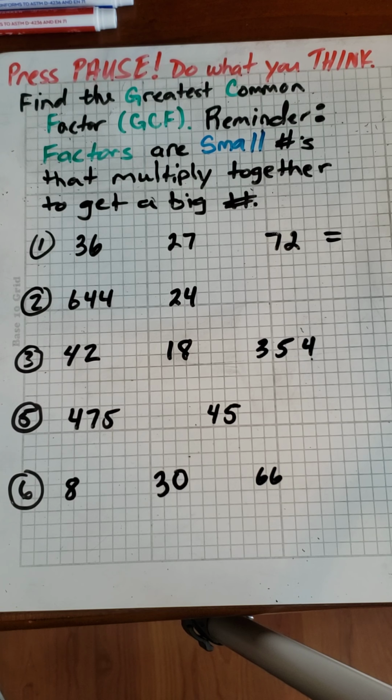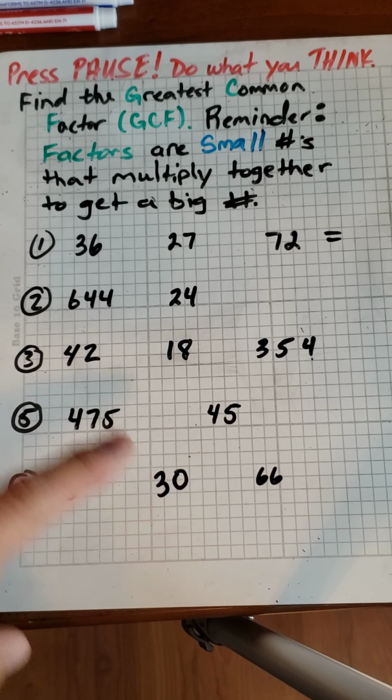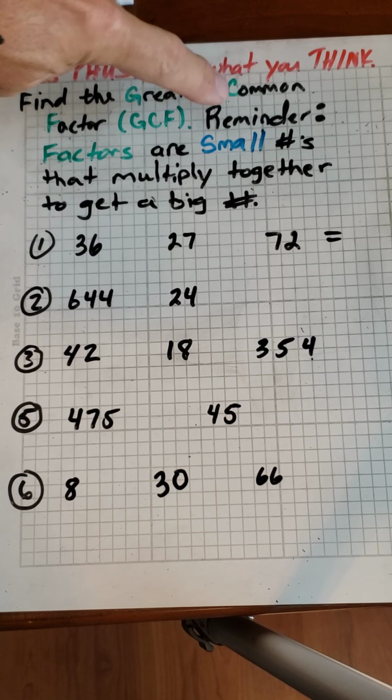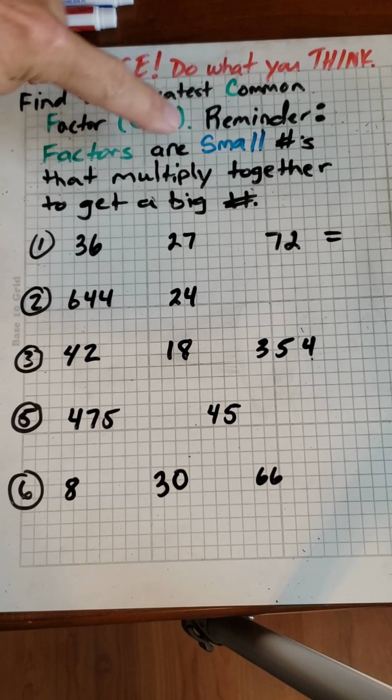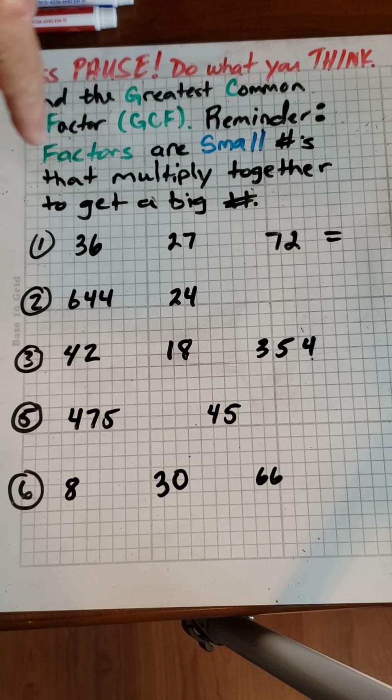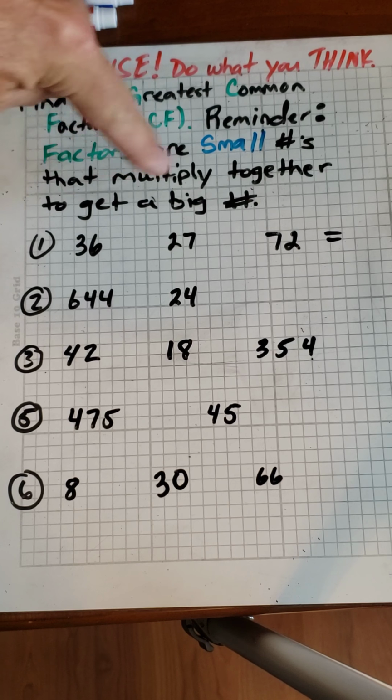Okay, so as we have done many times in class before, I'd like to give you something and have you guys just do whatever you remember doing. So here's a chance where you're going to press pause and then do what you think, right? What I want you to do is find the greatest common factor for these sets of numbers. And a quick reminder of what a factor is: factors are small numbers that multiply to give you a bigger number.